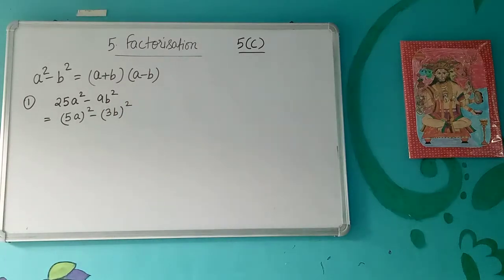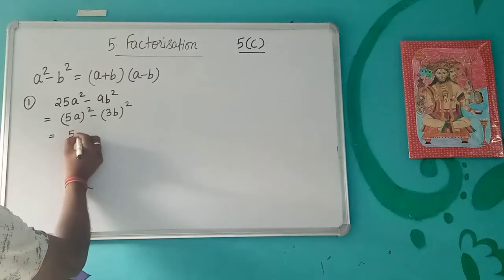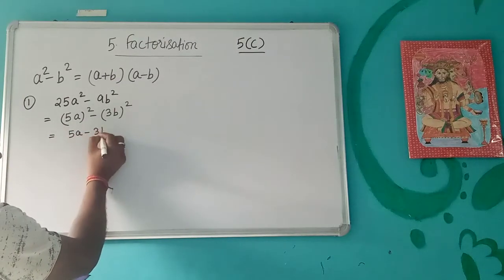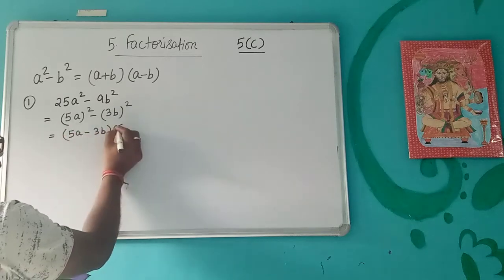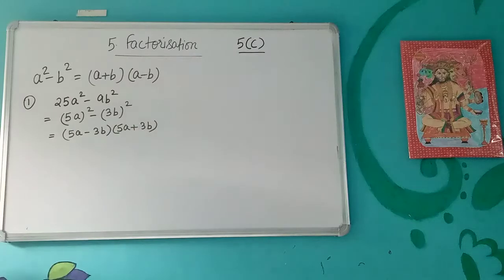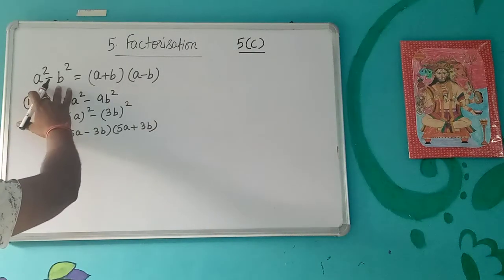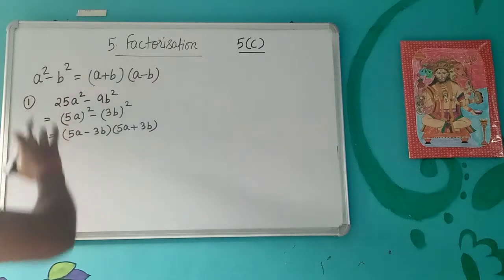Now it is of the form a square minus b square. So this we can write it as 5a minus 3b and 5a plus 3b. Okay, so this expansion we have to use in this.